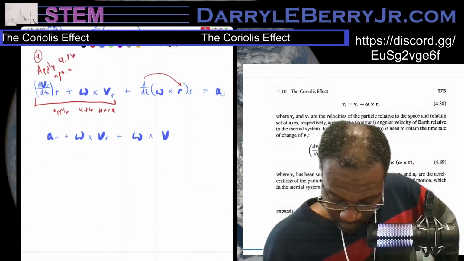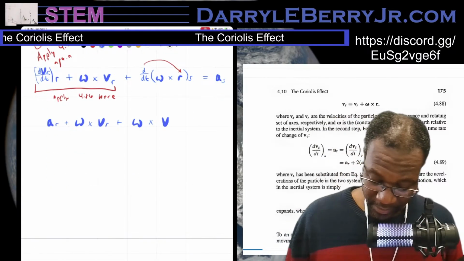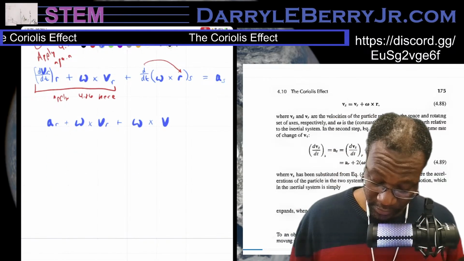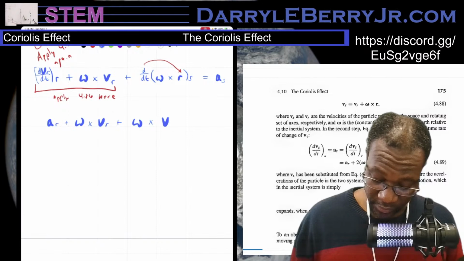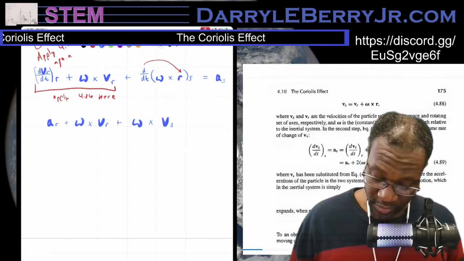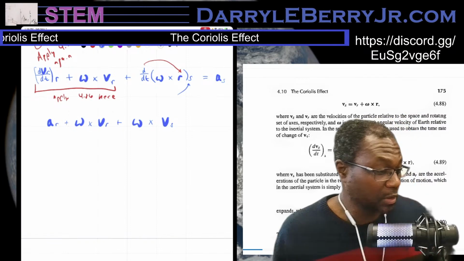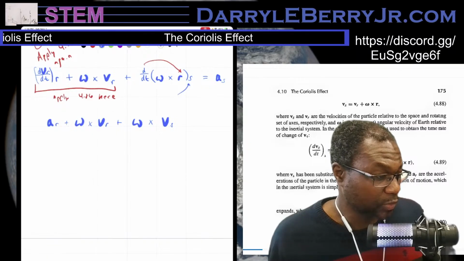Yes. It seems like it should be VS when I distribute that, because there's the inertial there. Maybe I'm mixing that up.